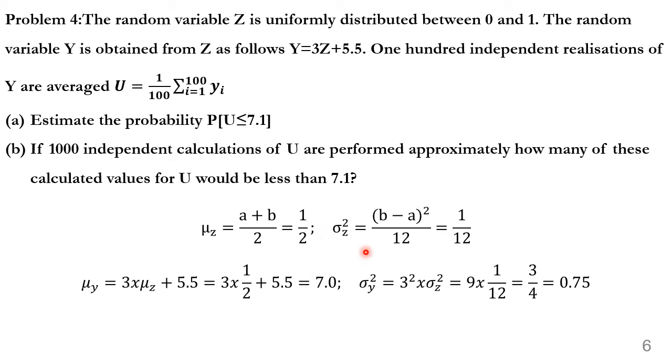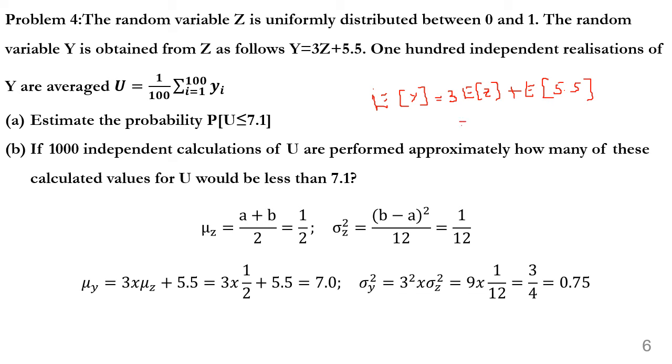And the variance of z, sigma z square, is given by b minus a whole square by 12, that is equal to 1 over 12. In order to find mu y, we will take expectation on both sides. Expectation of y is equal to 3 times expectation of z plus expectation of 5.5.